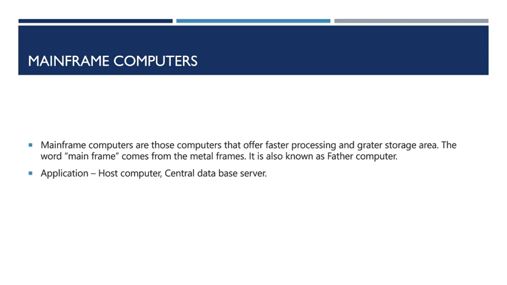It uses metal frames for the components of computers, and that is why it is known as mainframe computers. Where are these mainframe computers used? They are host computers and central database servers. These types of computers are used as servers to other computers like mini and micro computers. So the central server will always be a mainframe computer.